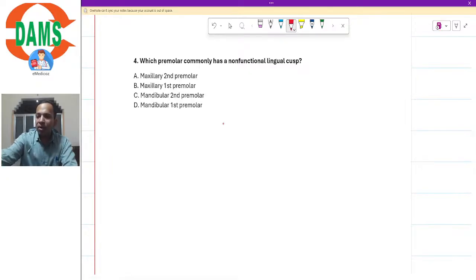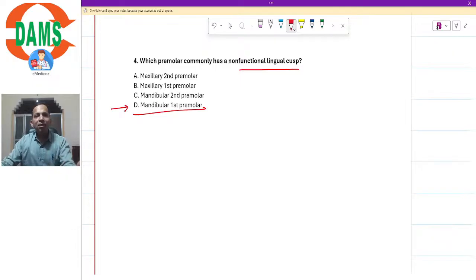We have discussed it. Which premolar has the smallest lingual cusp or a lingual cusp that resembles the cingulum? That is the same tooth. So which premolar has a non-functional lingual cusp? It would be mandibular first premolar.